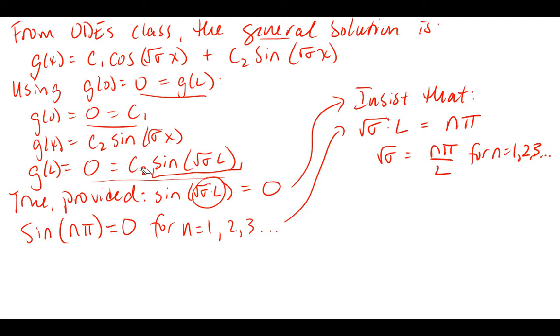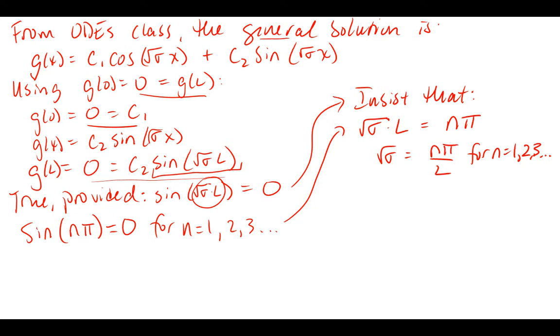So we failed at coming up with what C2 is. But we did gain something valuable here: we figured out how much sigma has to be, or actually the square root of sigma. This has been a bit of a mystery the whole time, but it's no longer a mystery. The only way for us to get a meaningful solution is to have the square root of sigma be of this format.